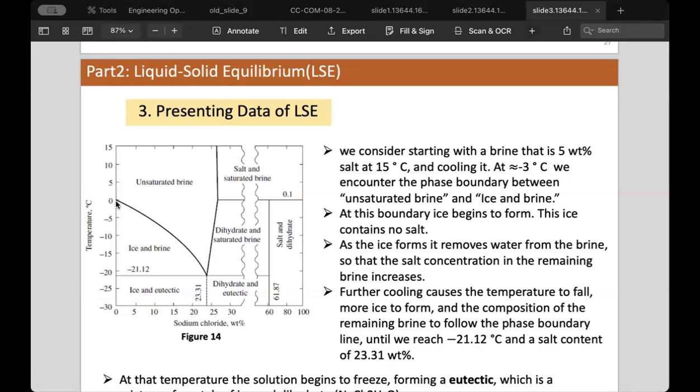So the brine of course contains salt water, contains some sodium chloride. For brine, the freezing point becomes depressed, lower than 0, sub-zero.